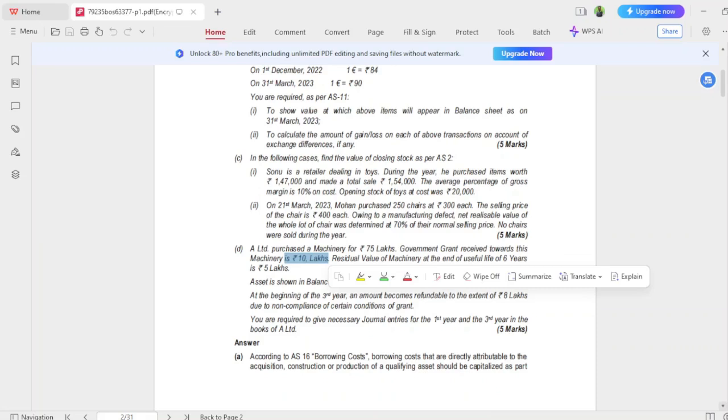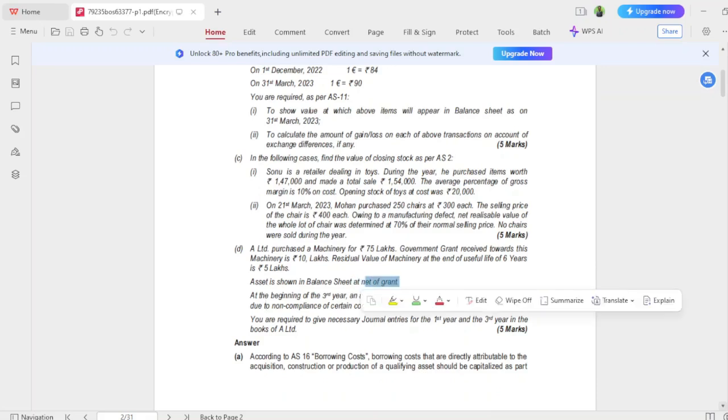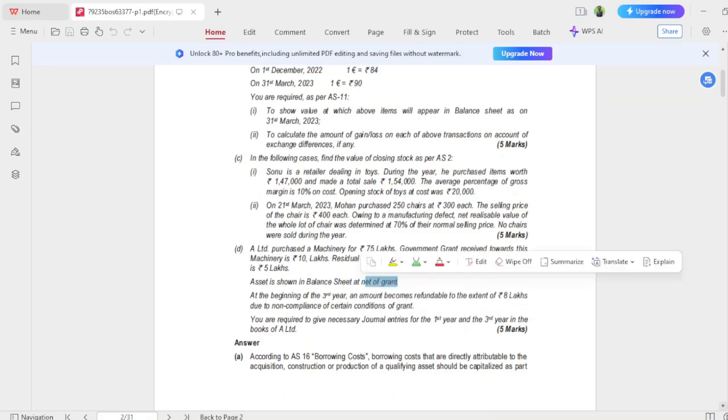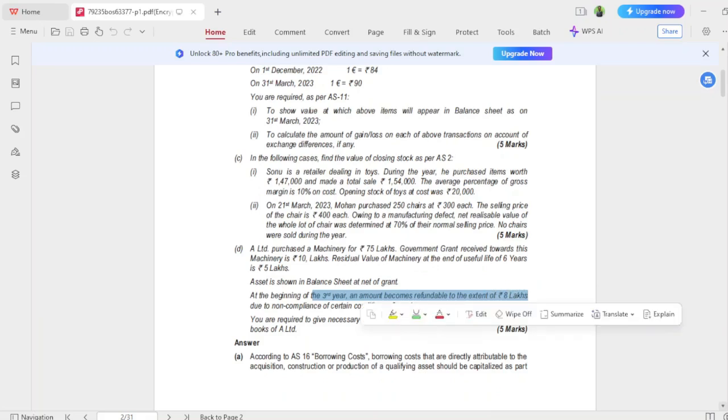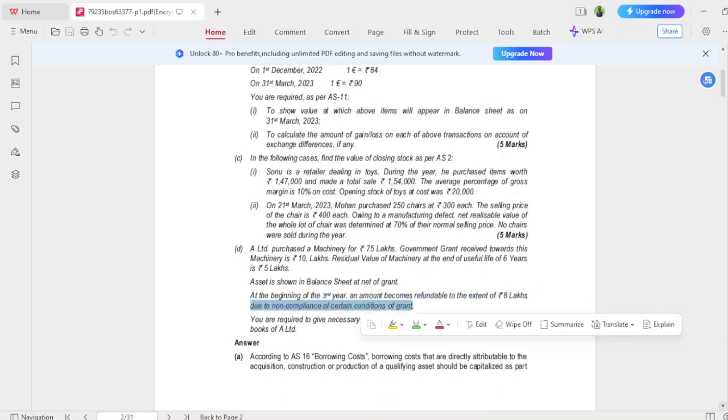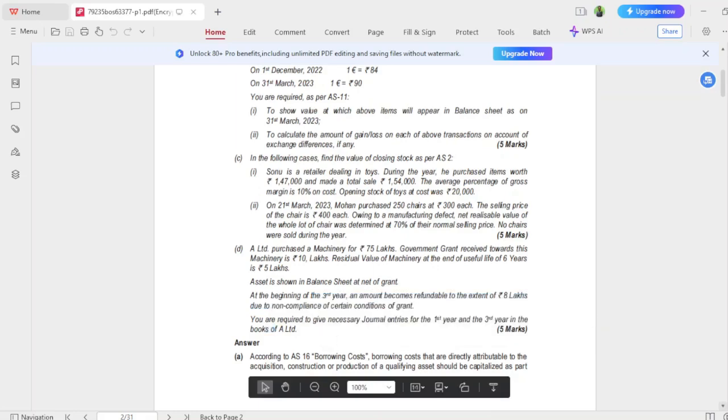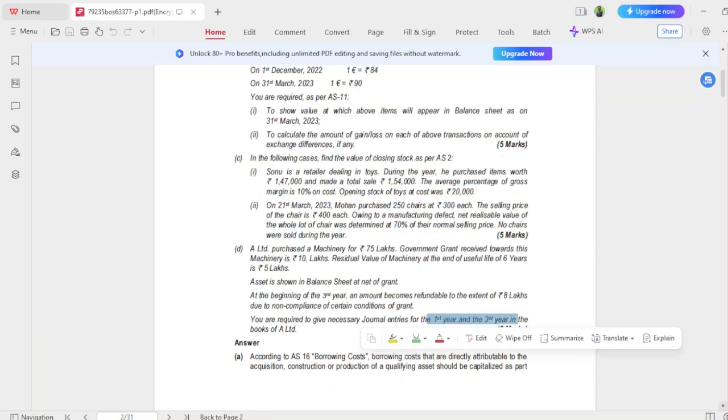Residual value of the machine at the end of useful life of 6 years is 5 lakh. The asset is shown in the balance sheet at net of grant. At the beginning of the third year, an amount becomes refundable to the extent of 8 lakhs due to non-compliance of certain conditions. You are required to give the necessary journal entries for the first year and third year in the books of A Limited.